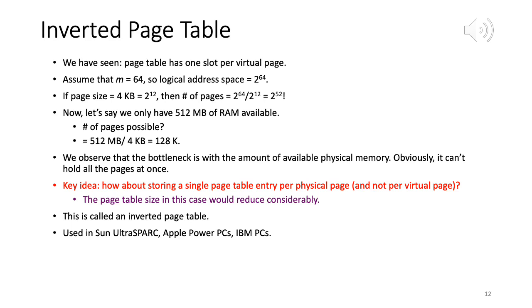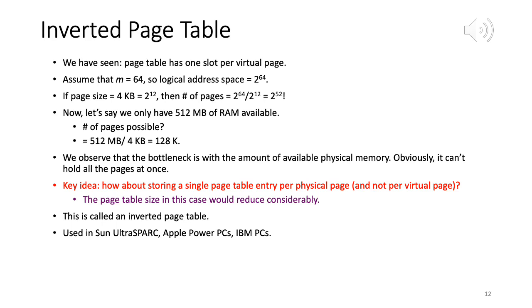Not 512 bytes, sorry, 512 MB. With 512 MB of memory and 4 KB page size, you can have 128K pages, right? So 2 raised to 52 versus 128K. So the observation is the bottleneck is the amount of physical memory.